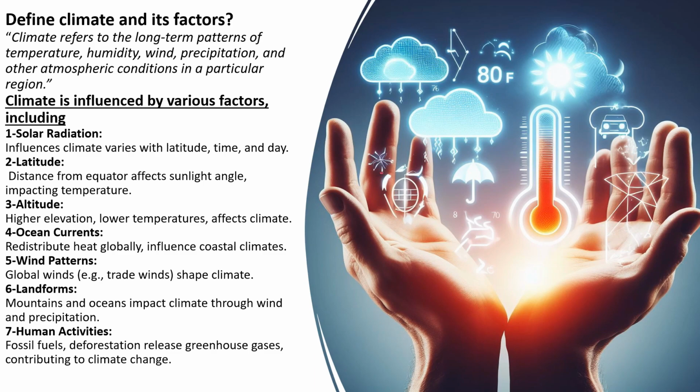Latitude, distance from the equator, affects sunlight angle, impacting temperature. Altitude: higher elevation, lower temperatures, affects climate. Ocean currents redistribute heat globally and influence coastal climates. Wind patterns, global winds, e.g., trade winds, shape climate.